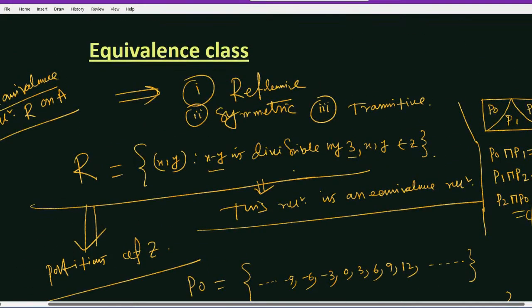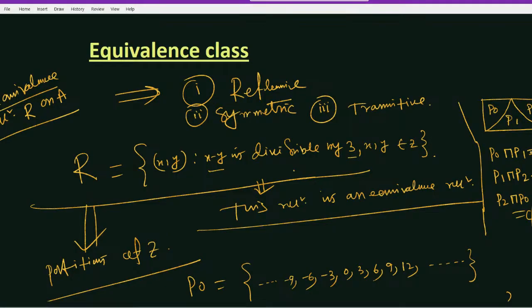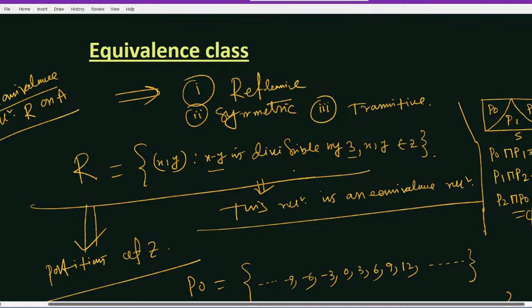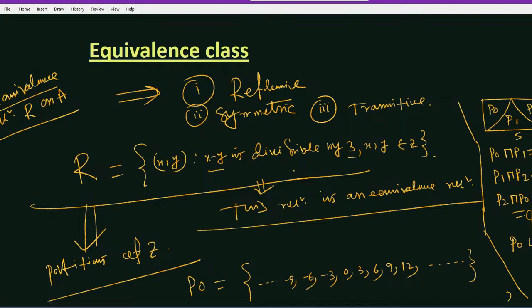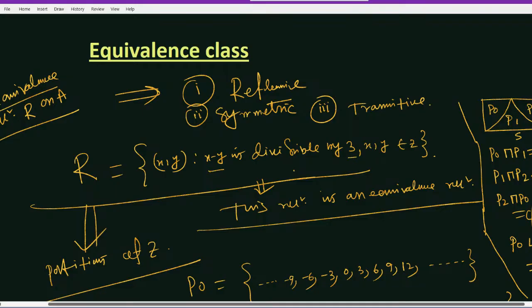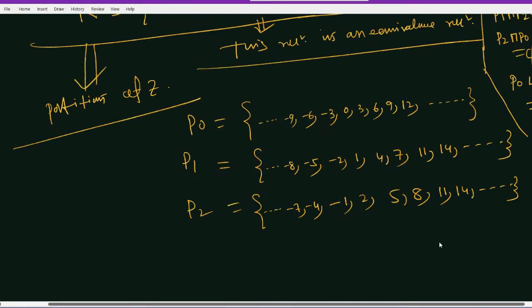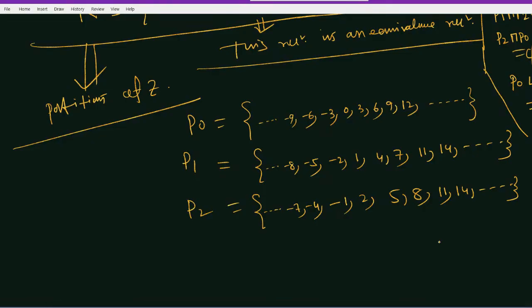And one thing is clear here: in the case of mutually exclusive and exhaustive events, we get one extra condition, P0 union P1 union P2 is equal to the whole sample space or whole set. Here, if I tell you to make a very simple observation, that condition is obeyed.